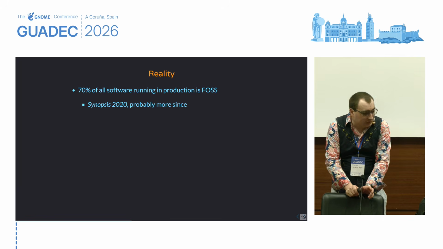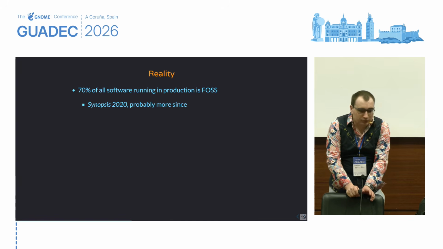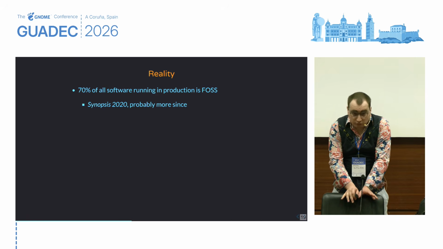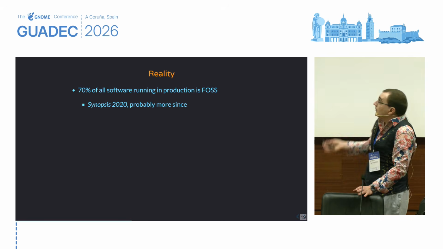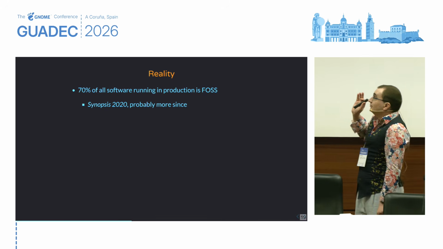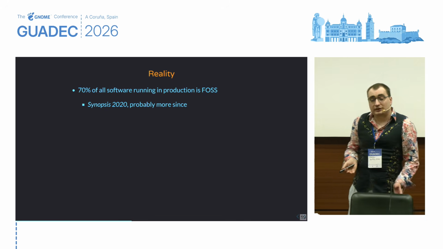So the reality is open source has won. Proprietary software, as written, doesn't run nearly anything in the world. That's simply a fact at this point.